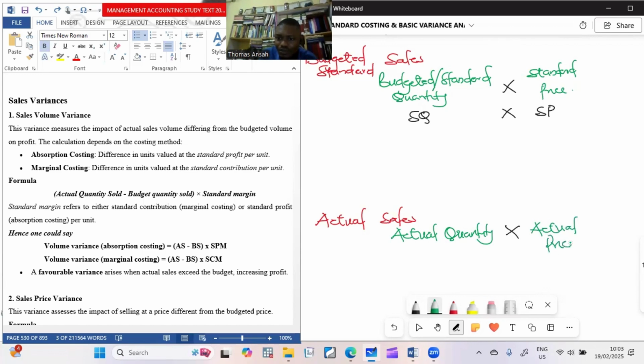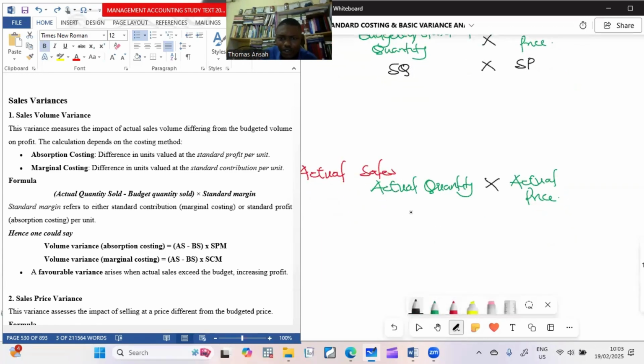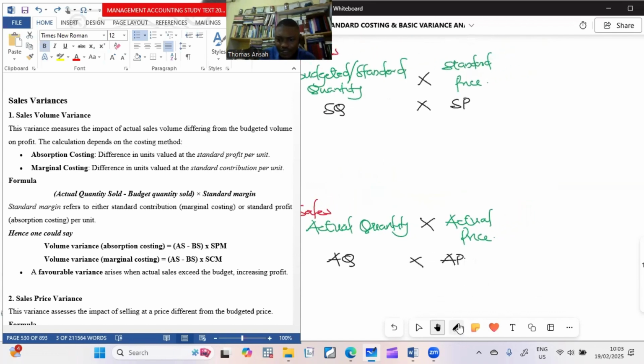So you will see letters like AQ and AP. The answers that we get, we have to compare to check whether there is a sales variance. Basically, that is it.